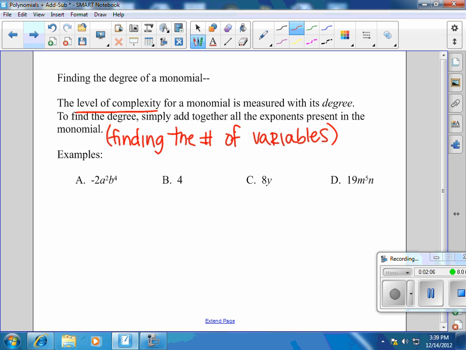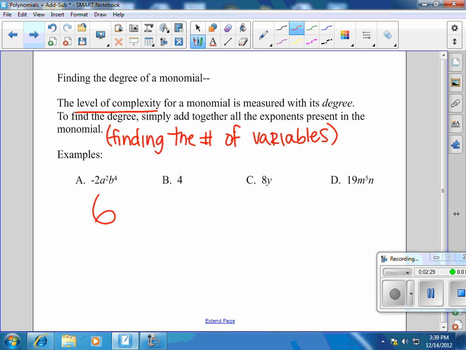So for a, negative 2, a squared, b to the 4th. So negative 2 doesn't have any exponents on it, but a and b do. So the total number of variables that I have, 2 a's, 4 more b's, that gives me 6. The degree of that monomial is 6.